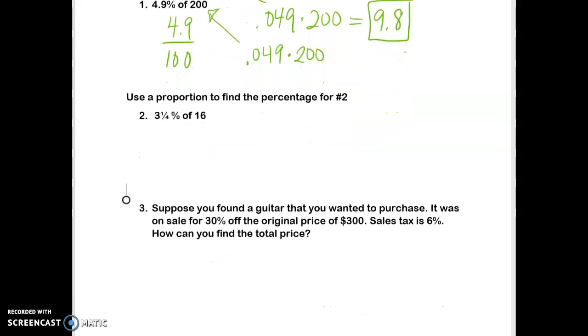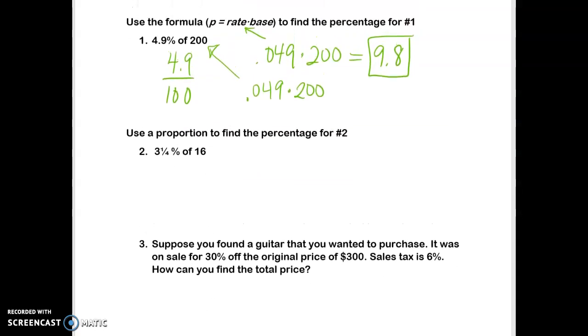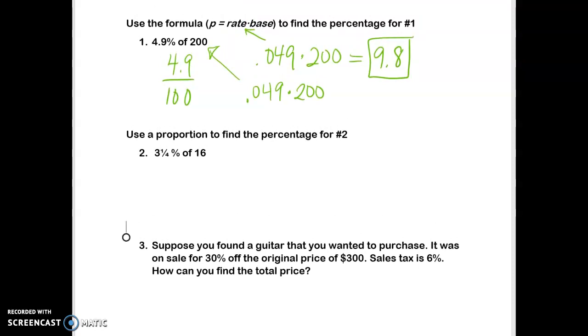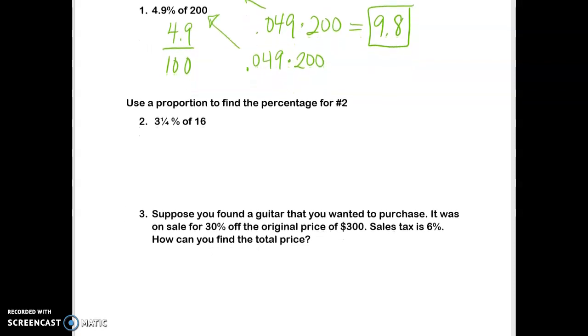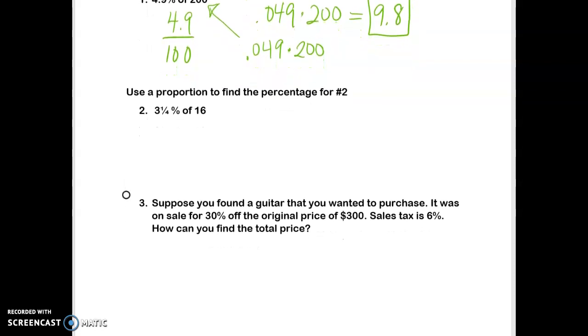Let's see, it's asking us to use a proportion to find the percentage for number two. Do you see the setup of the 3 1/4% of 16? Now, clearly we can do it in the same way we did number one, but we are illustrating a different method. For proportions, you need to understand this part out of a whole relationship. So 3 1/4% already gives us that.